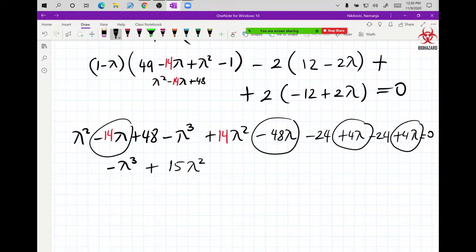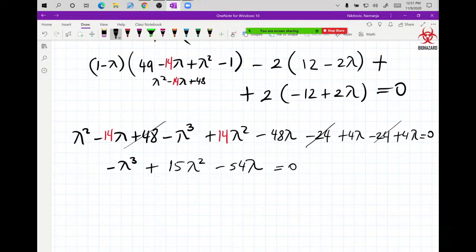Should be negative 54, I think. Negative 54 what? Lambda, negative 54 lambda, I think. Oh, you were giving me the answer for this. Okay. Yes, negative 54 lambda. Okay, thank you. For a moment I thought you were talking about this. Okay, negative 54 lambda. Cool. And then these guys still cancel. All right, good. I think we are in good shape now.